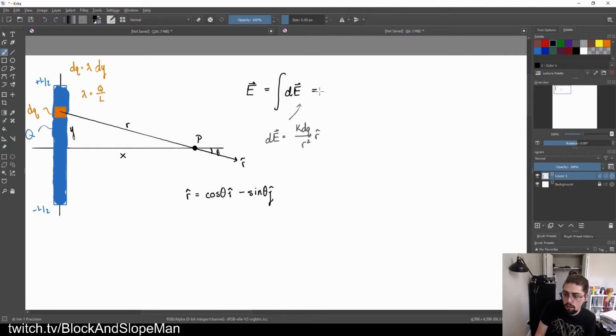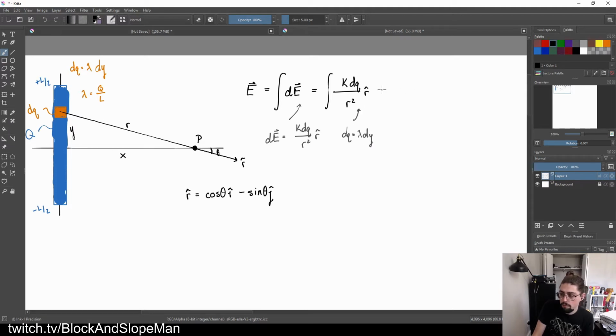Well, now a longer integral. Now this is going to be k dq over r squared times r hat. Okay, well, I still don't understand what the bounds of integration for dq would be, but I do have a replacement for dq as well, so let's try that. I can say dq is equal to lambda times dy. Plug that in.